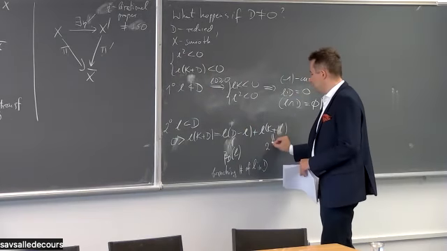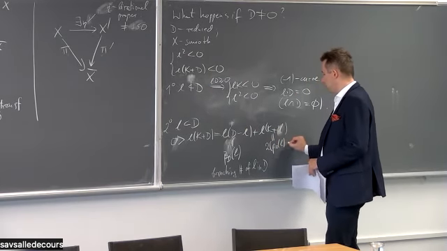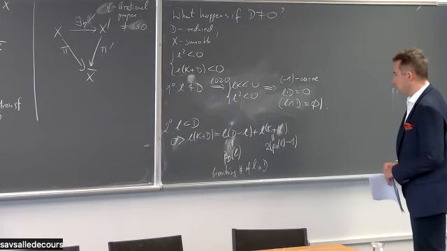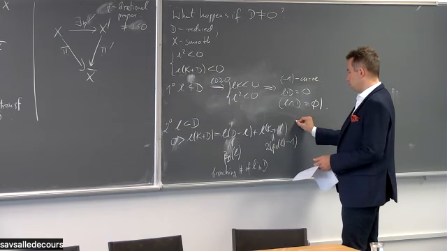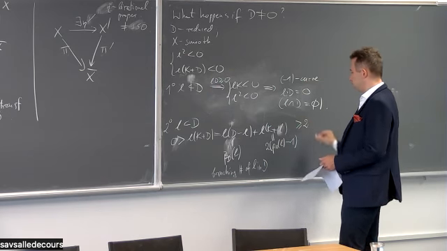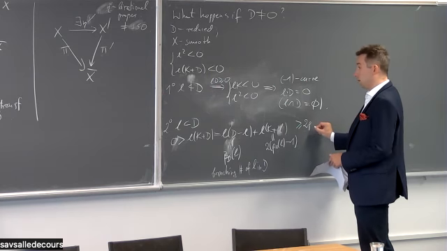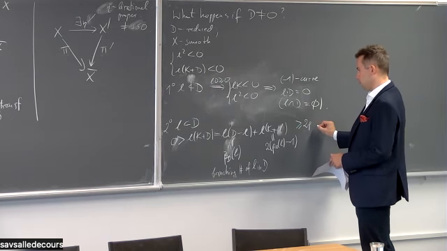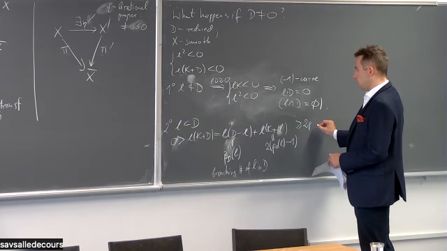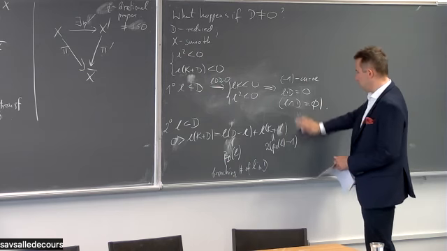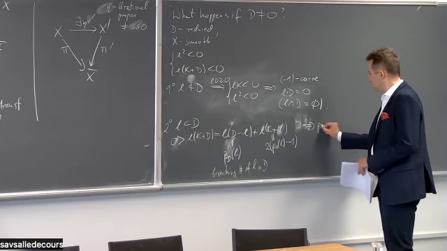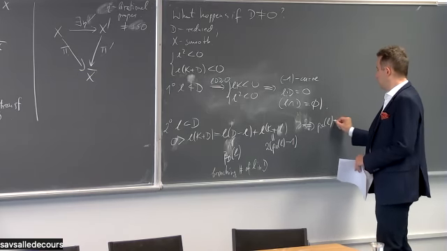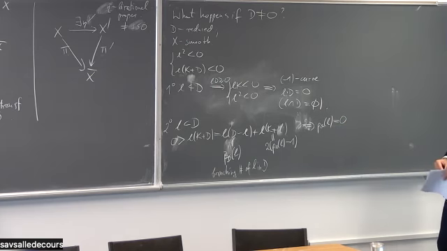So it's 2 times the genus of L minus 2, and this is supposed to be negative. So it implies that the arithmetic genus of L, which is always non-negative, again has to be 0.